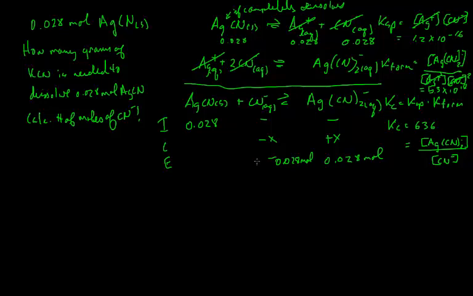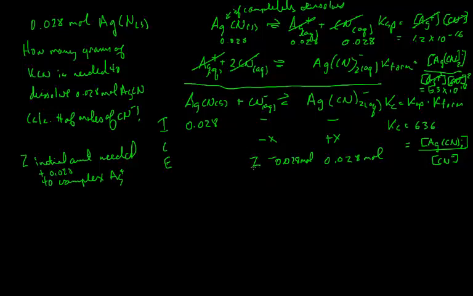And we need to figure out the initial concentration. So that initial concentration we're just going to call Z. Z is going to be the initial amount needed to complex the silver ion, plus the amount that we've already got, 0.028.